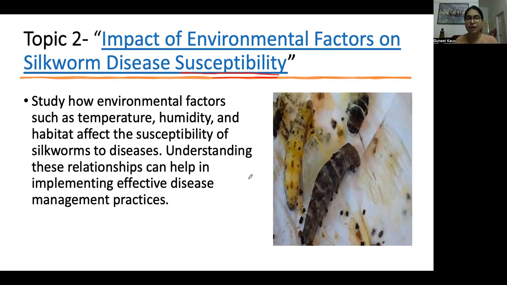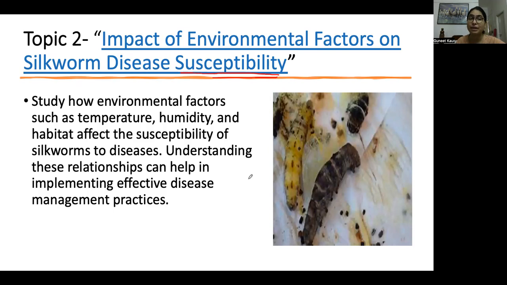So this is a very, very hot topic and good topic. Understanding these relationships can help in implementing effective disease management practices. So if you are working on this research topic, how will it be beneficial to you? How are you helping the environment or helping the people, the community?